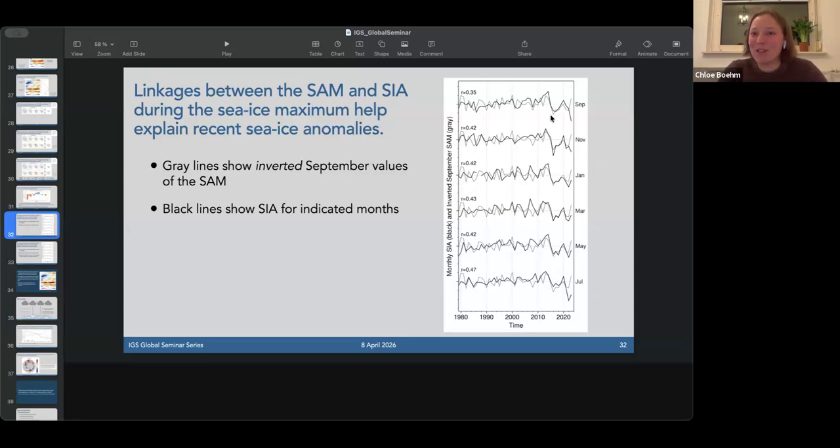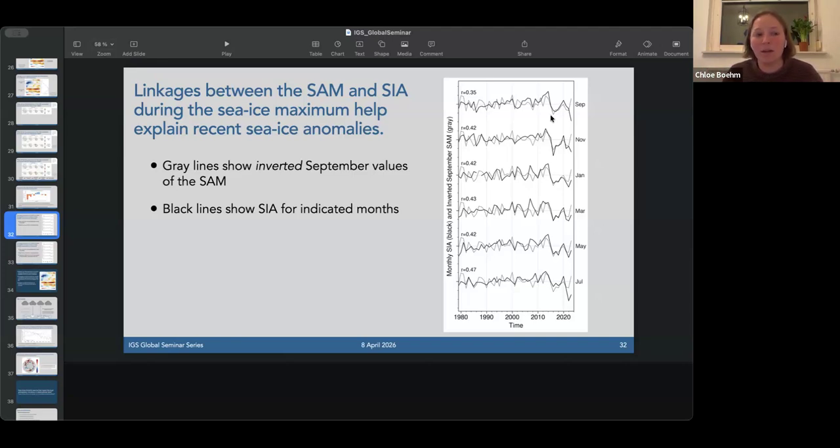I don't have a perfectly solid answer. I've thought a lot about this, and what I'm thinking is that, since this relationship is only one factor influencing sea ice, the impacts in the ocean are going to be able to carry more weight, for example as the ocean heat content builds and is able to persist these low sea ice anomalies.